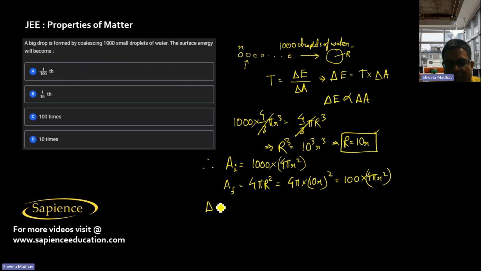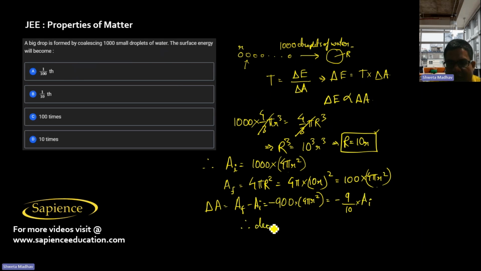Therefore delta A, that is A final minus A initial, is 100 minus 1,000 into 4 pi r square, which means it is minus 9 by 10 times the initial surface area.